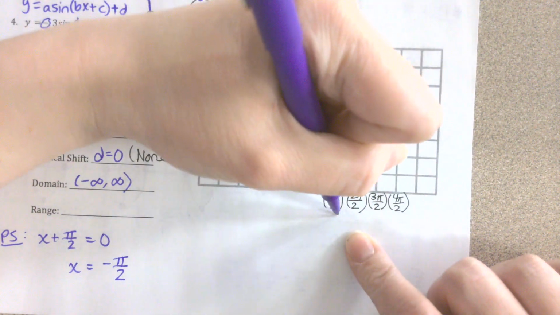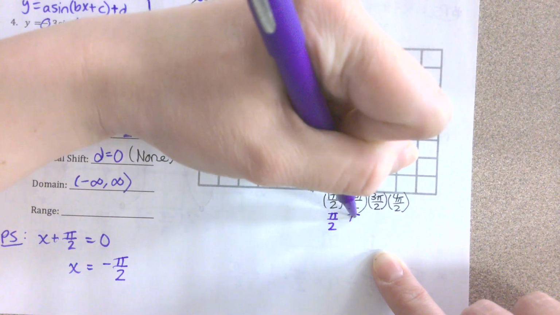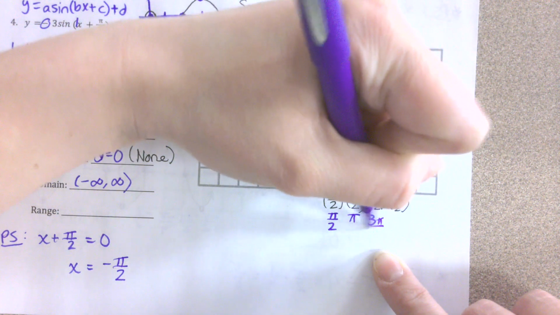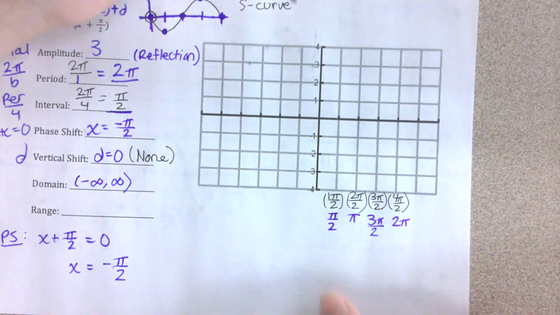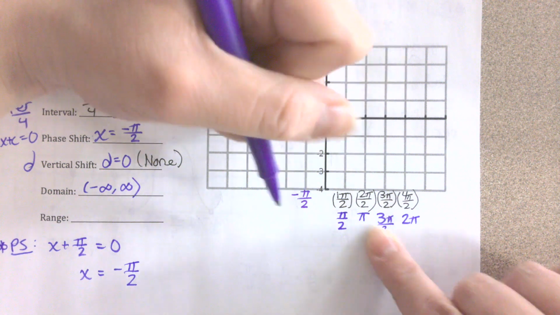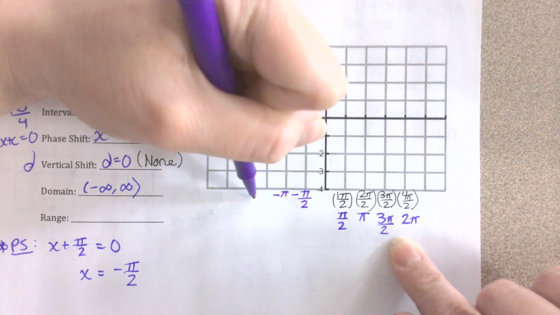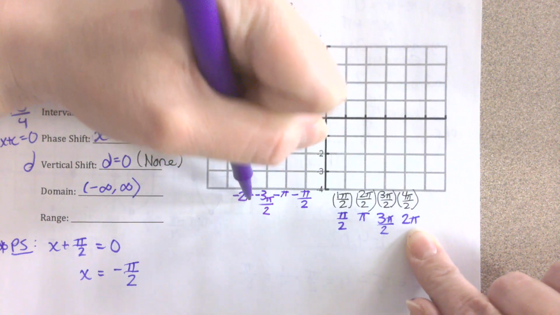I'll drop the 1 and just write pi over 2. 2 pi over 2 reduces to just pi. 3 pi over 2. 4 pi over 2 reduces to 2 pi. And the negatives, negative pi over 2. Negative pi. Negative 3 pi over 2. Negative 2 pi.